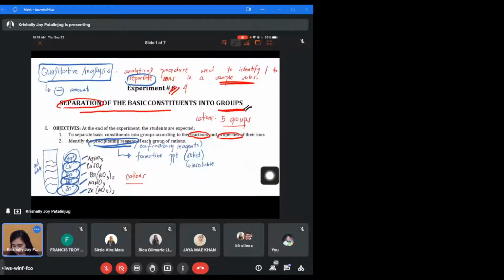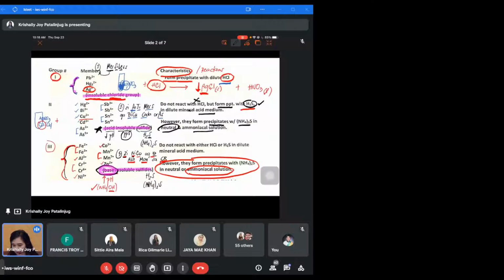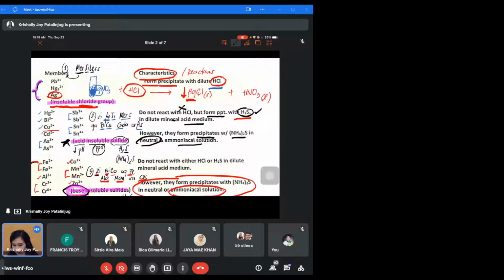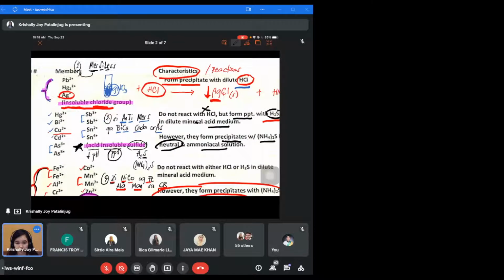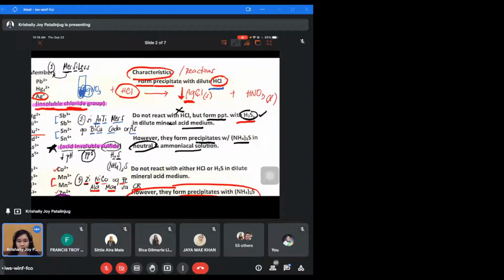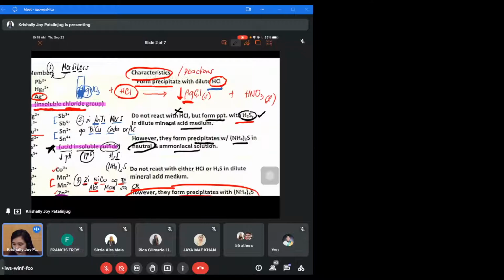This is an example of an equation, di ba? You have silver nitrate, the test solution of silver na ginamit sa experiment natin.